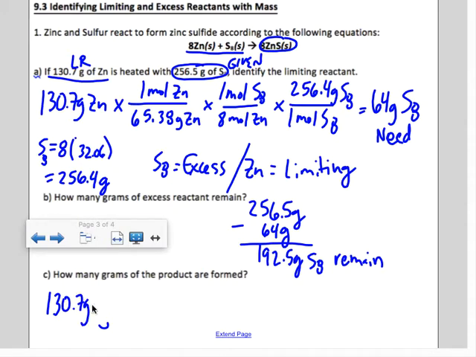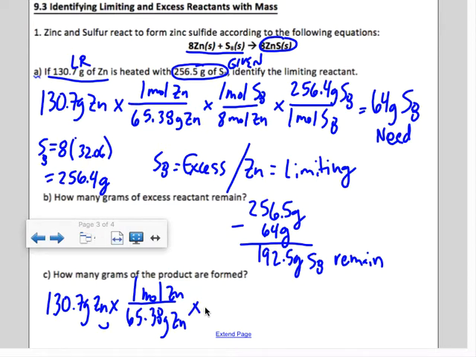130.7 grams of zinc. And I'm going to use the same conversion of going from mass of zinc to moles of zinc. So the molar mass of zinc was 65.38 grams. That's equivalent to 1 mole of zinc.